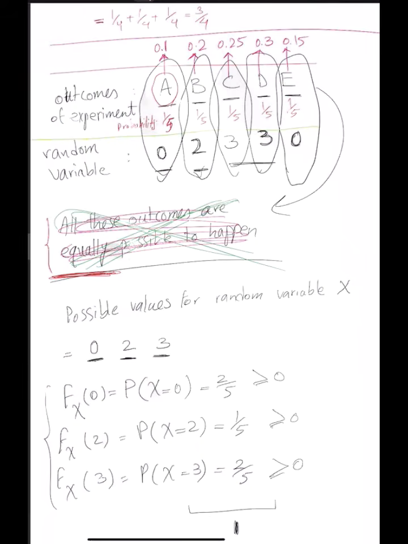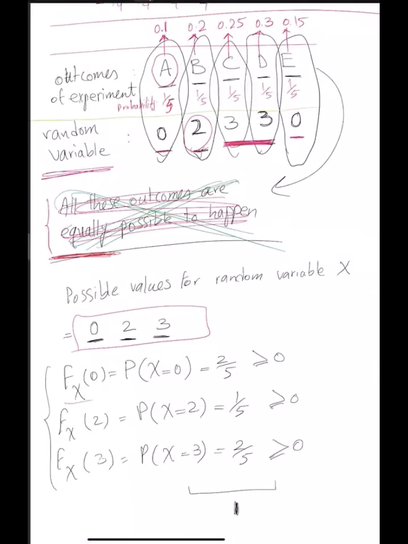And then still, I define the random variable to get the value of 0 when A or E happens, to get the value of 2 when B happens, and to get the value of 3 when C and D happens. So I still define it that way. Still, the possible values of this random variable are 0, 2, 3. And still, I want to identify the probability mass function, to find the probability that the random variable gets value of 0 or 2 or 3.